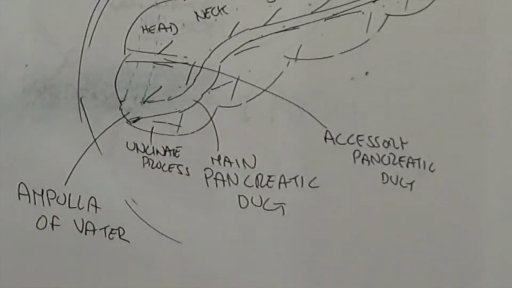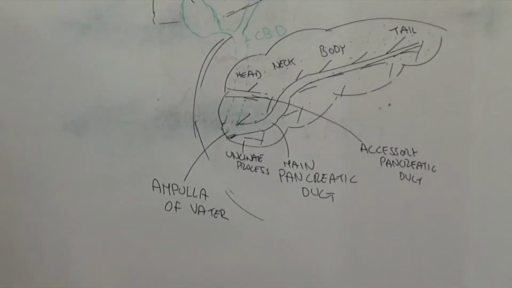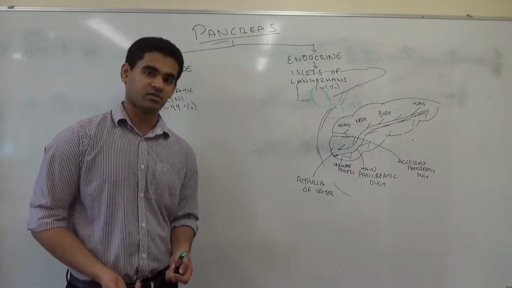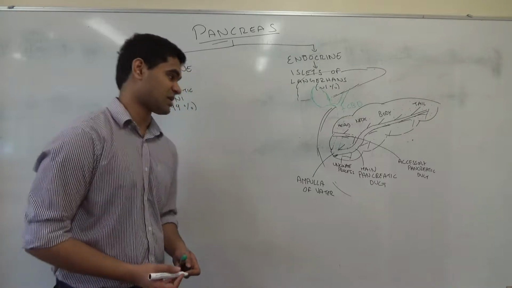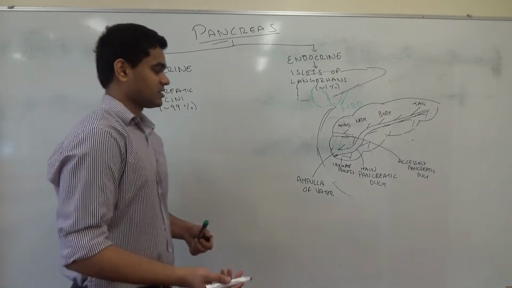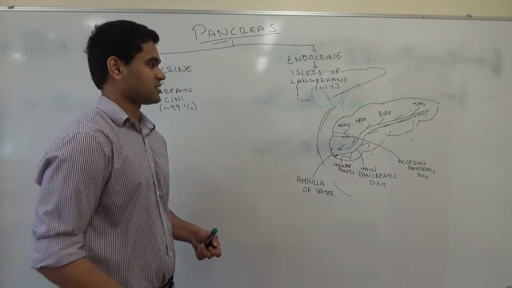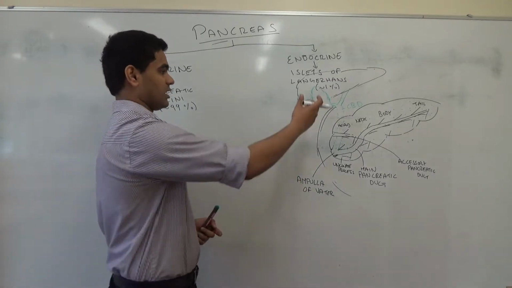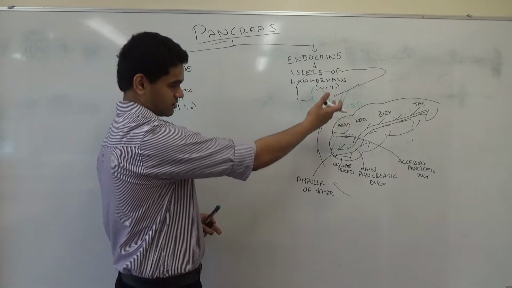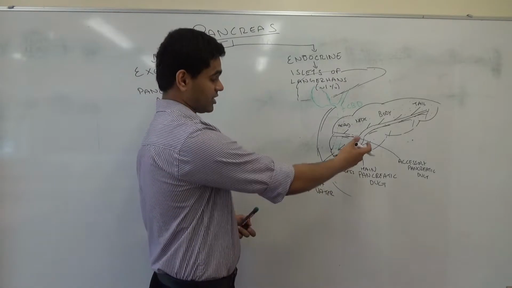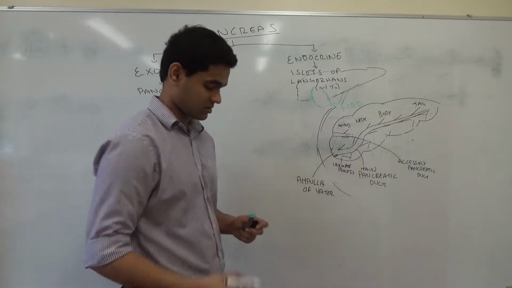Sometimes in textbooks you also see it called the common pancreatobiliary ampulla, but I usually prefer calling it the ampulla of Vater because it's easy to remember. Okay, so this ampulla of Vater, as I mentioned, is quite special because it receives drainage from both the biliary system, from the bile duct and liver, and also receives exocrine drainage from the main pancreatic duct as well.